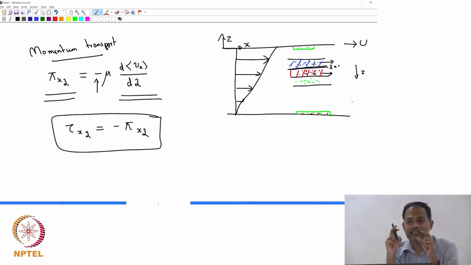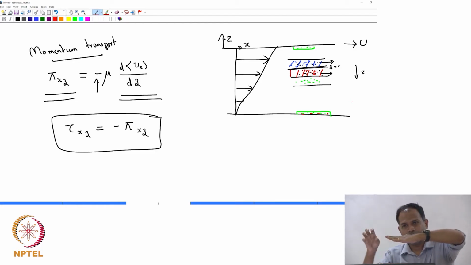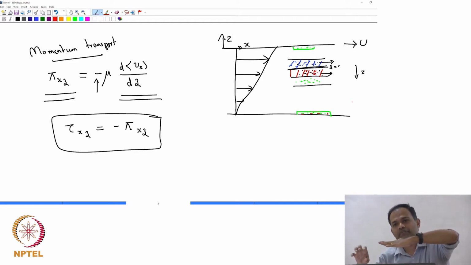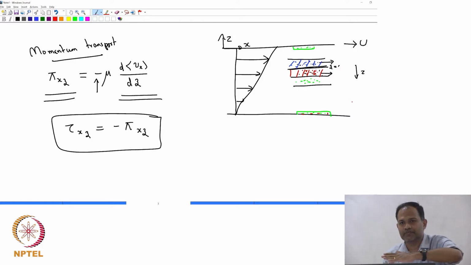But if you think about it as a problem in which you start with everything static and then move the top layer, then you can see that a layer of molecules coming down to the next one is really speeding up the next layer, and that would continue until it reaches the fully developed flow. We are looking at a fully developed flow right now, but even otherwise this is the picture.